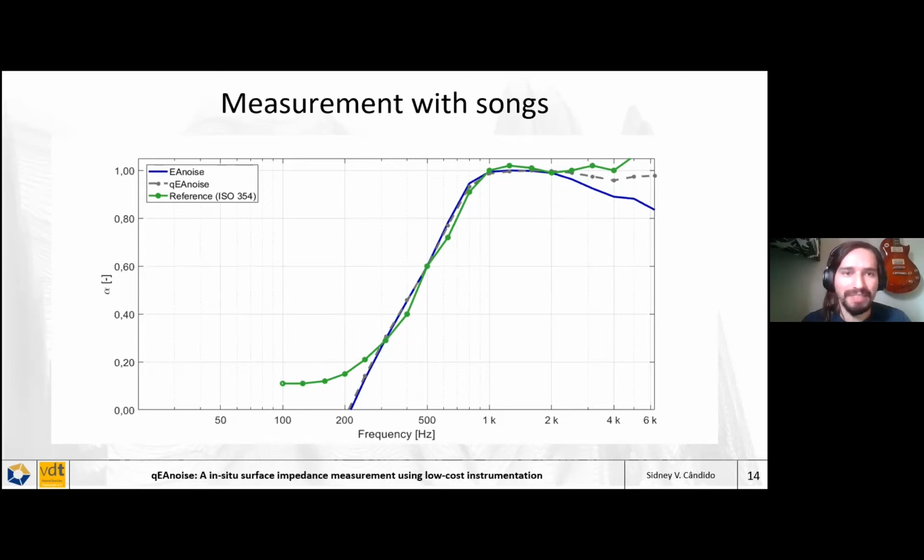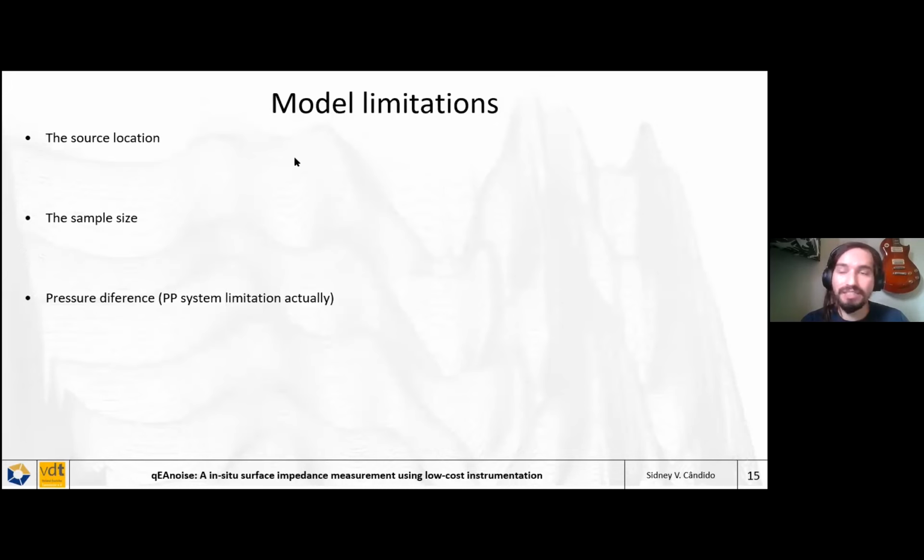There are some limitations because the model that I use for this iterative algorithm needs the source location, and with the initial consideration of the EA-noise, you don't know where the source is, but this can be controlled using sound sources to excite the reverberant field.